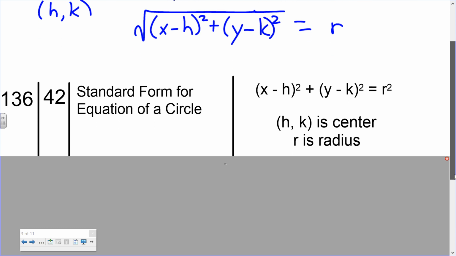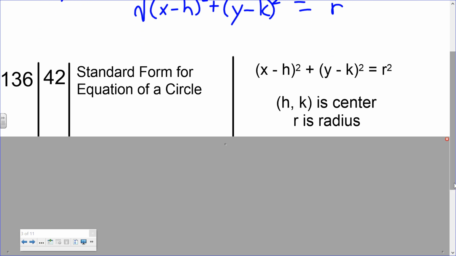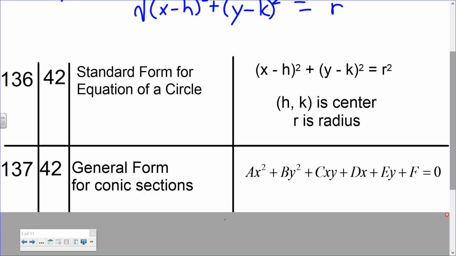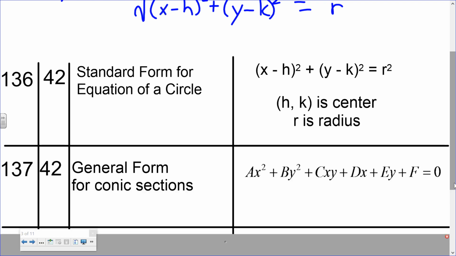We know, though, that we could FOIL out each of those parentheses, and we'd get x squared plus something plus y squared plus something, and we could combine a bunch of like terms and all of that and get a general form. For any conic section, you can get a general form that is a x squared plus b y squared plus c x y plus something times x plus something times y plus a constant equals 0.